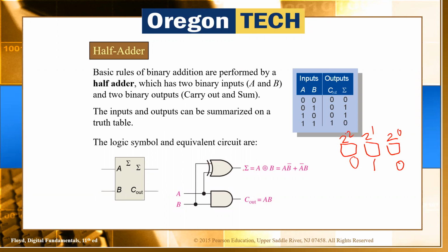This is exclusive OR, the summation, and the carry will be just an AND gate. To build a half adder, I build it out of AND and exclusive OR. If I want to build half adder using VHDL, I'm going to use this.